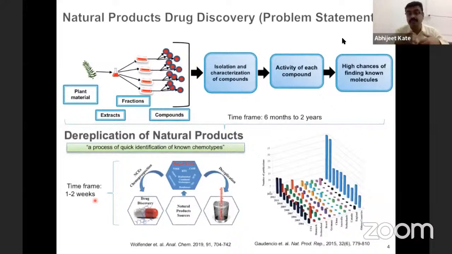Because if you produce more new compounds, I'm sure you will have more confidence in that research. There is one statistical data, as you can see on the right hand side of the slide: the number of publications in different years from different countries.